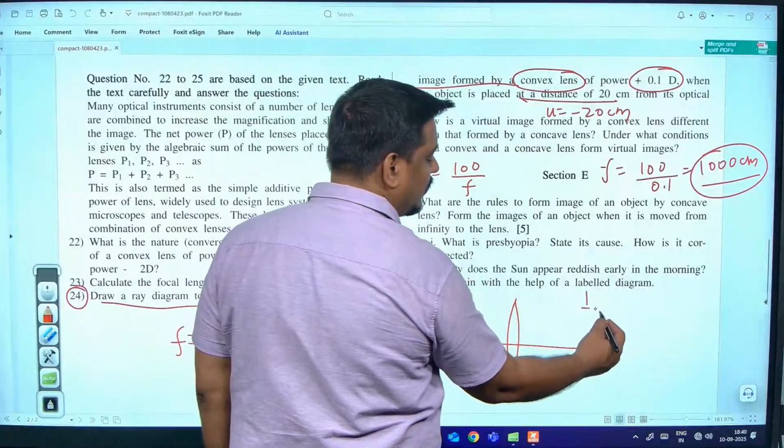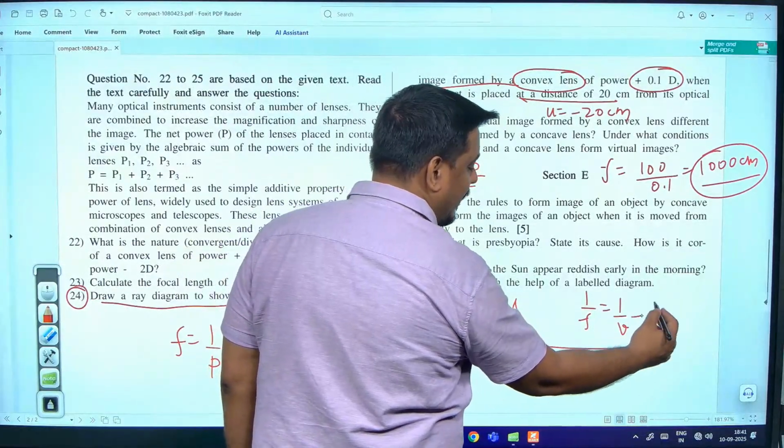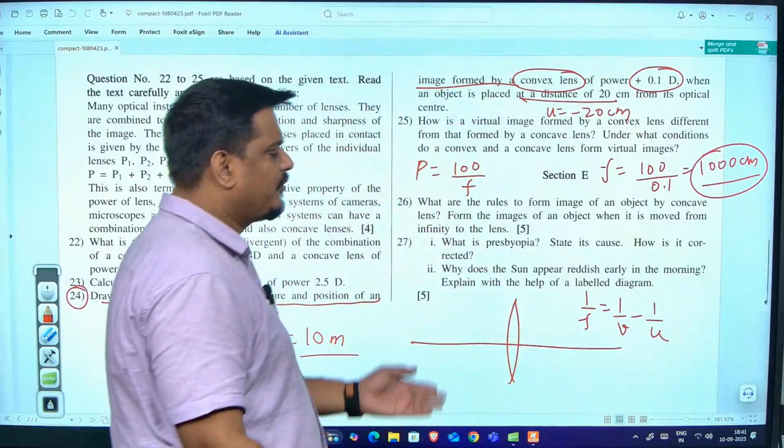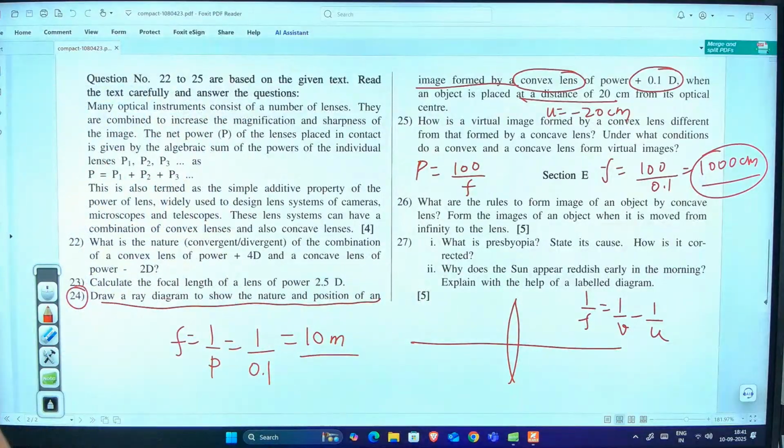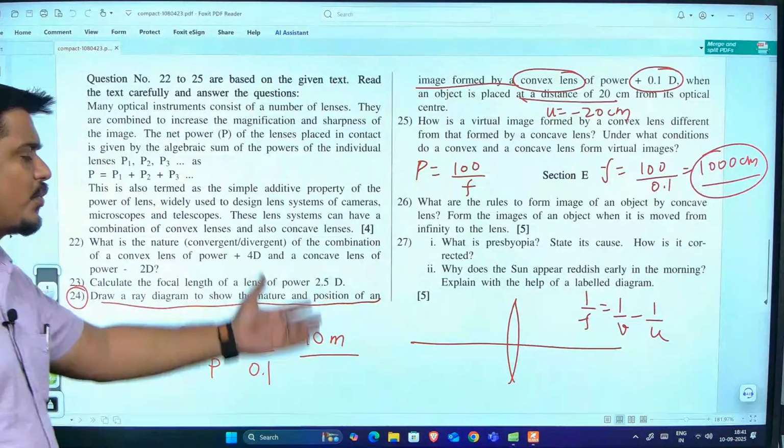1 by f is equal to 1 by v minus 1 by u. Put the value of u and f, you will get the value of v. Once you get the v, you can draw and show in the diagram.